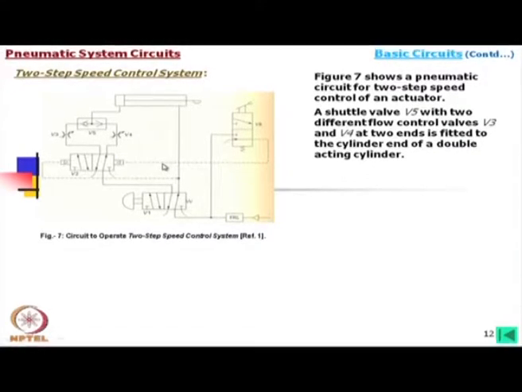A shuttle valve V5 with two different flow control valves V3 and V4 at two ends is fitted to the cylinder end of a double acting cylinder.